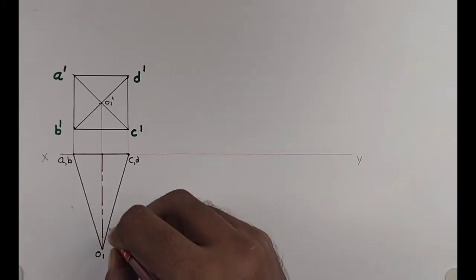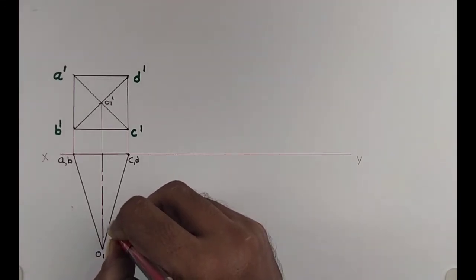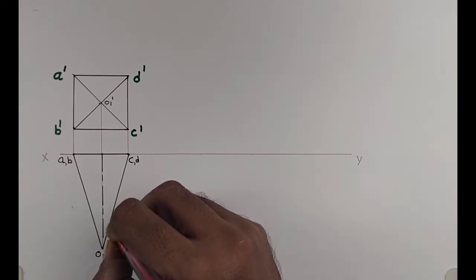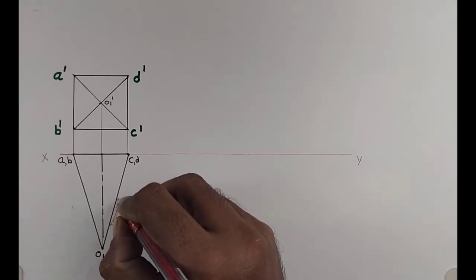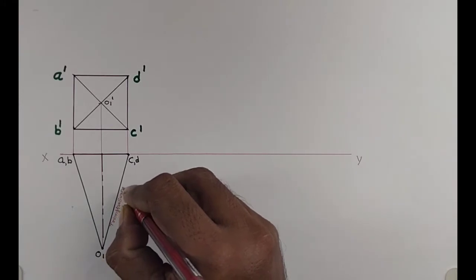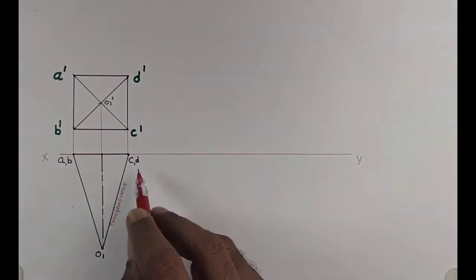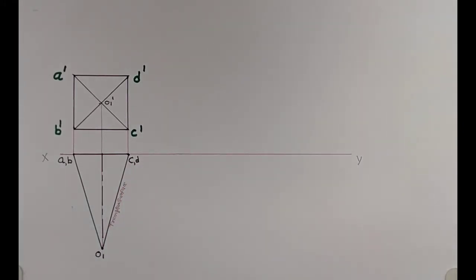So this is called a triangular surface C D O1.